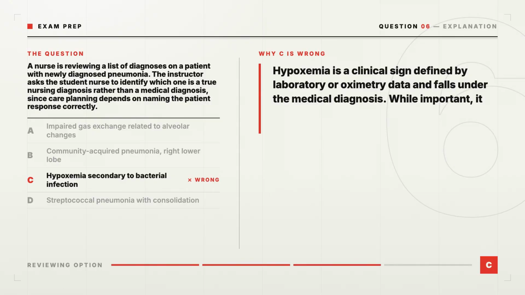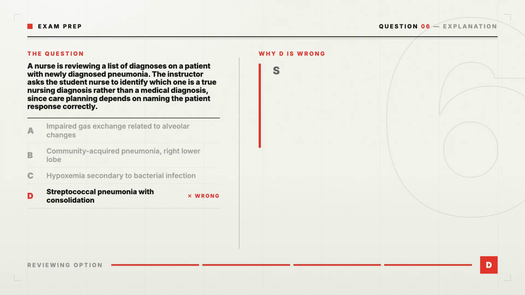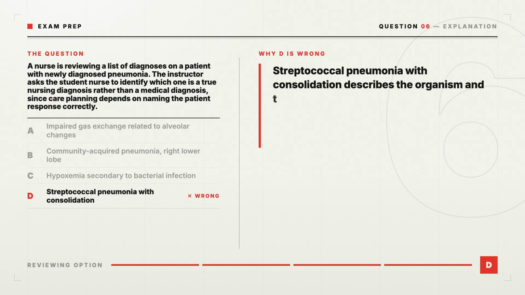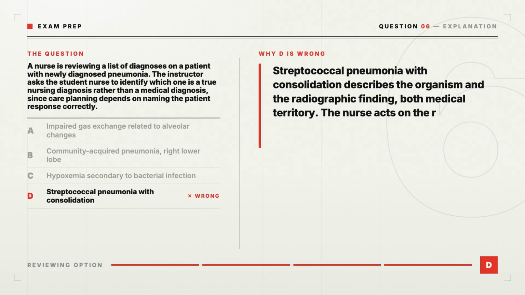While important, it is not a NANDA-style label describing the patient response to illness. D is wrong because streptococcal pneumonia with consolidation describes the organism and the radiographic finding, both medical territory. The nurse acts on the response, such as ineffective airway clearance, not the pathogen identification itself.